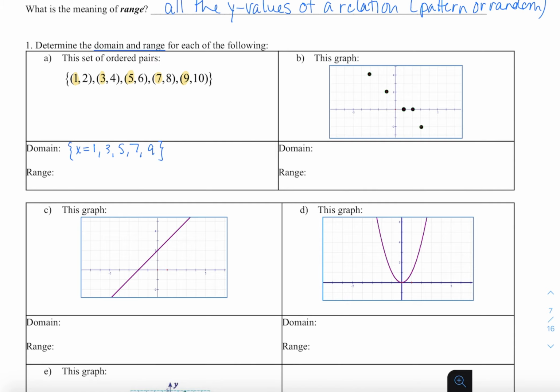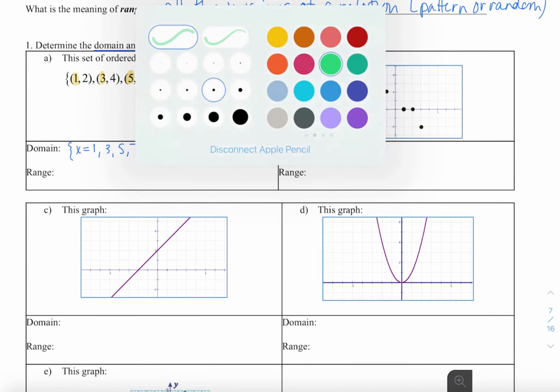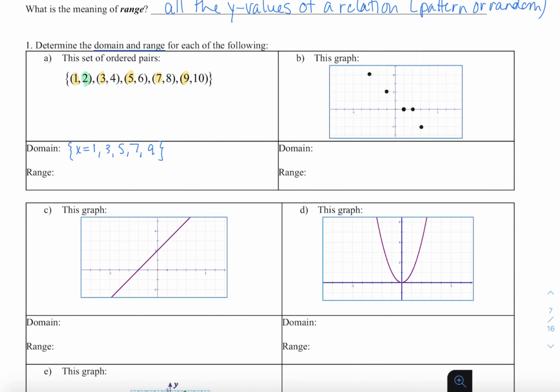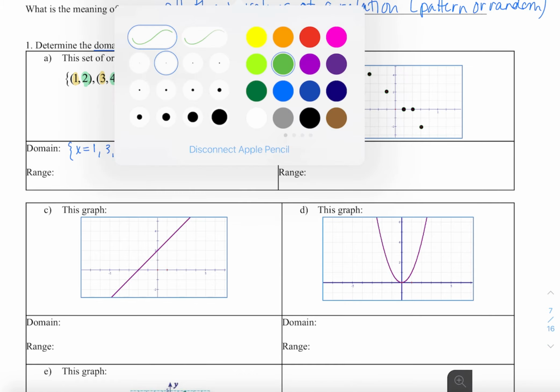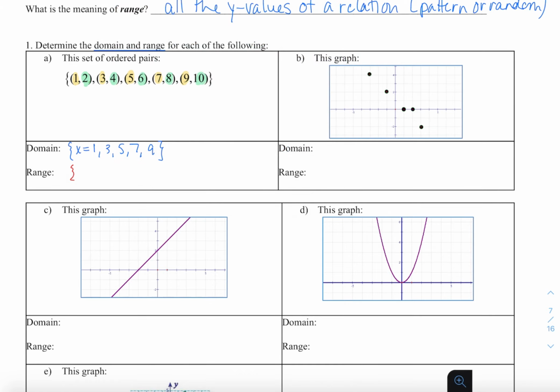That's it. It's just a list of values. Let's take a look at our range. So my range is going to be the list of all my y values. 2, 4, 6, 8, 10.